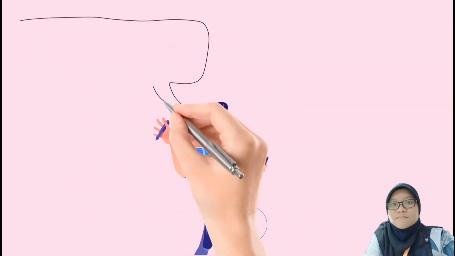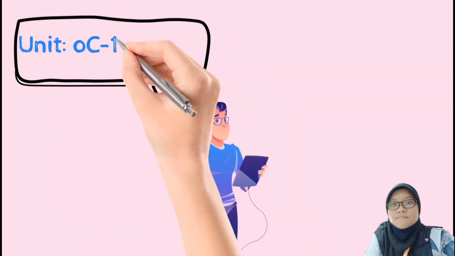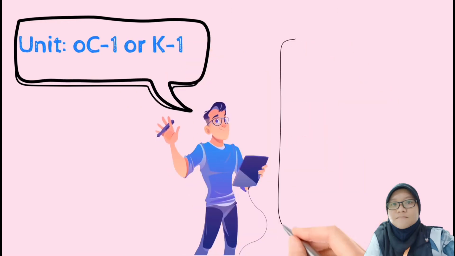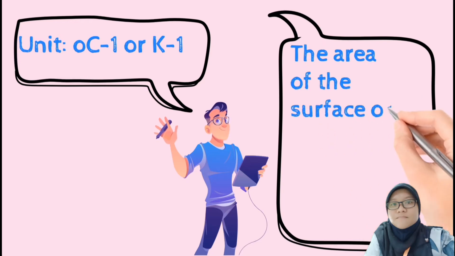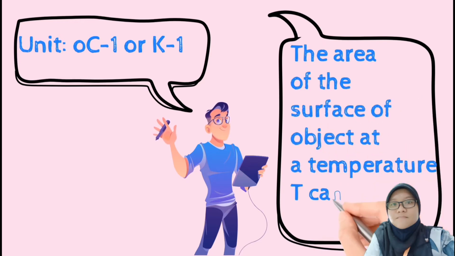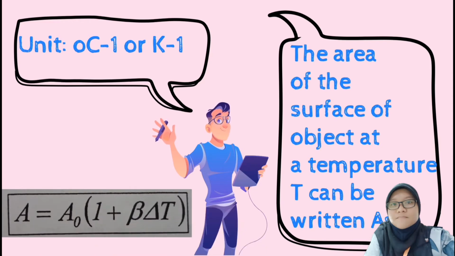The unit for beta is also degree Celsius^-1 or Kelvin^-1. The area of the surface of an object at a temperature T can be written as area equals area initial times 1 plus beta times change in temperature.